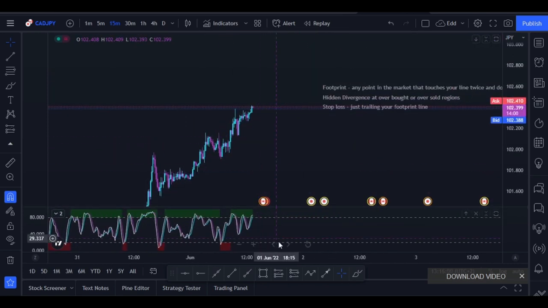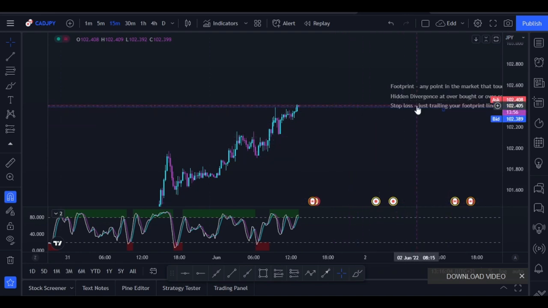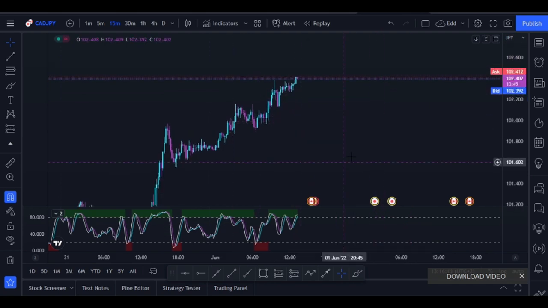Now we're looking at CADJPY. It has been in an uptrend.